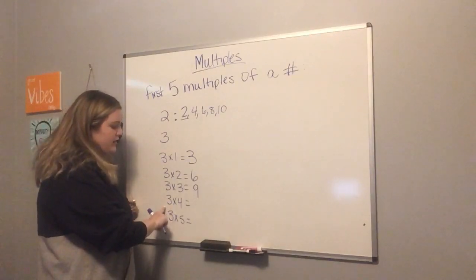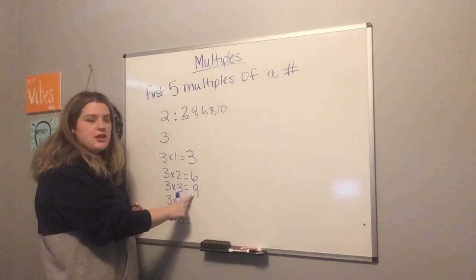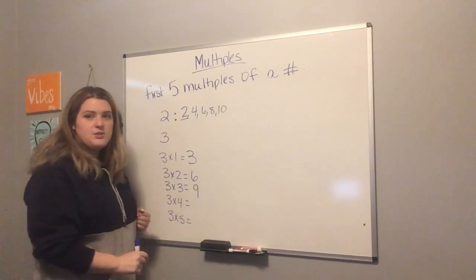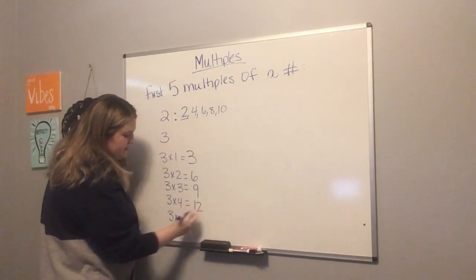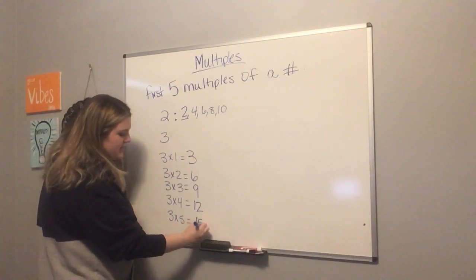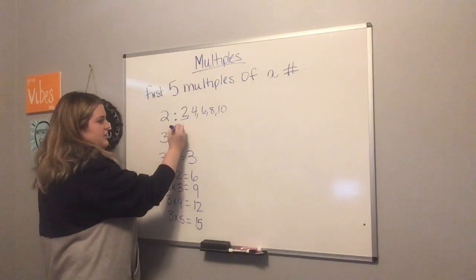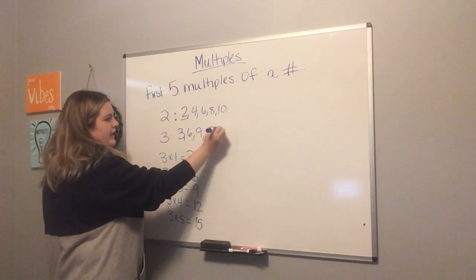If you don't know what 3 times whatever number comes next, all you have to do is add 3 to your last answer. 3 times 4 is 12. 9 plus 3, 10, 11, 12. 3 times 5 is 15. 12 plus 3 is 15. Okay, so multiples are easy. So we have 3, 6, 9, 12, and 15.